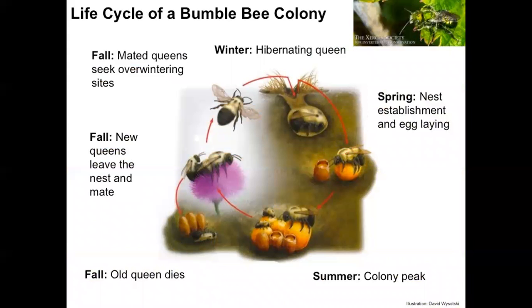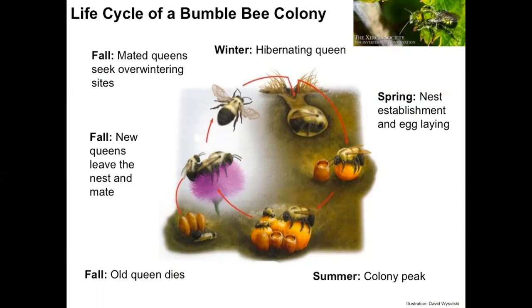In the life cycle of a bumblebee colony, we have to remember that unlike honeybees, which we call perennial colonies, bumblebees are annual colonies. They start each spring by a solitary queen. It's very similar to thinking about a perennial plant or an annual one. In this diagram, you can see the queen hibernating in the wintertime.